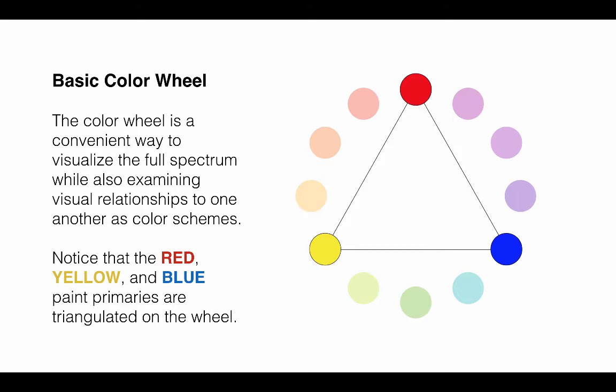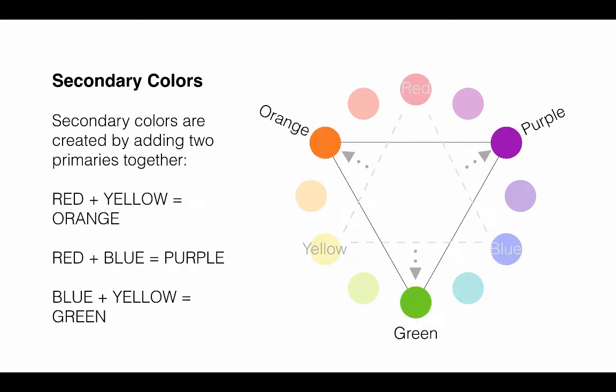You'll notice that the red, yellow, and blue are triangulated on the color wheel. As we go through this, you'll also start to see how this mathematically makes sense in terms of the geometry of a circle and where color falls. We'll get to that in a minute.